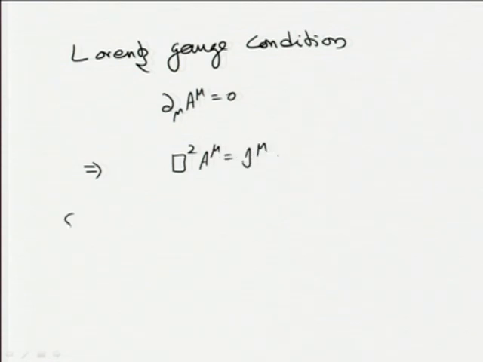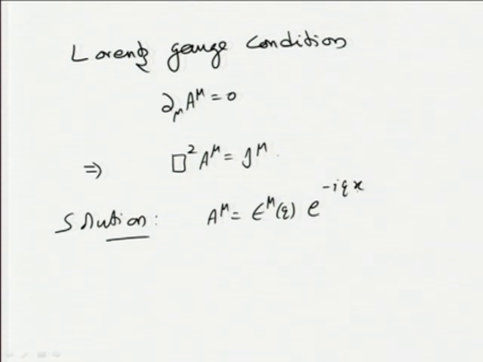Then we considered the solutions A mu equal to epsilon mu exponential minus i q x for J equal to 0 case, which is interpreted as representing the free photon without any charge density or current density in the region.